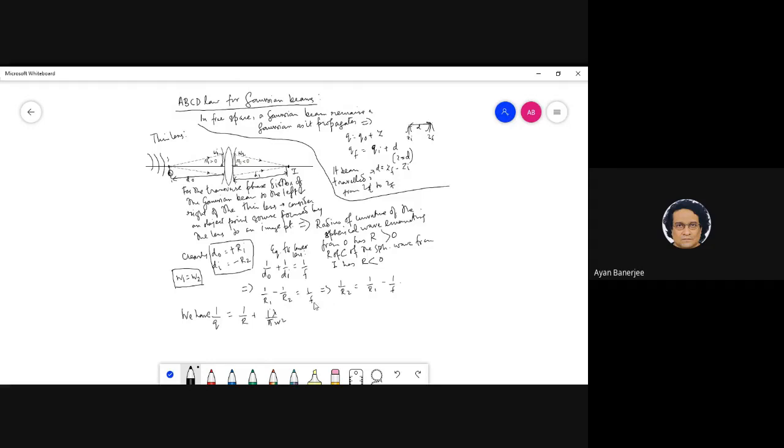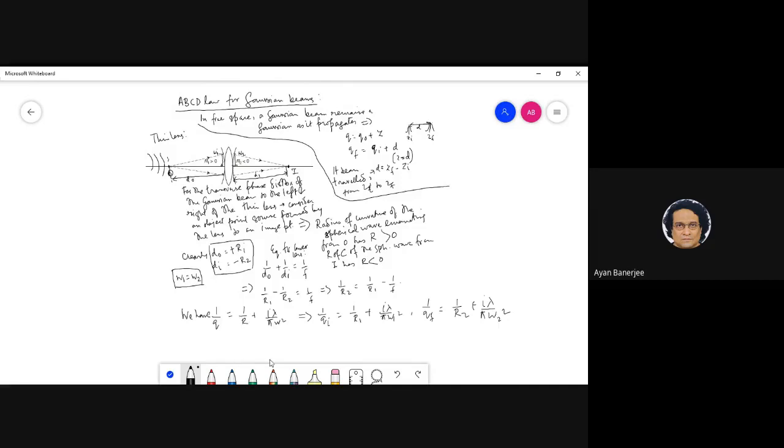I will define a Q initial and a Q final, Qi and Qf. So 1 by Qi is equal to 1 by R1 plus i lambda by pi W1 square, and 1 by Qf is 1 by R2 plus i lambda by pi W2 square.